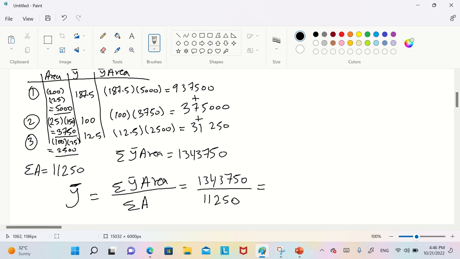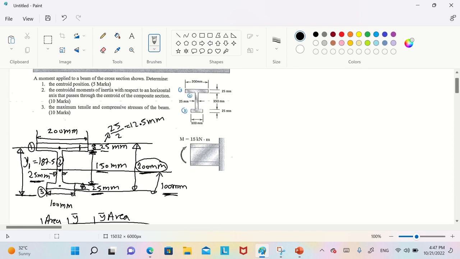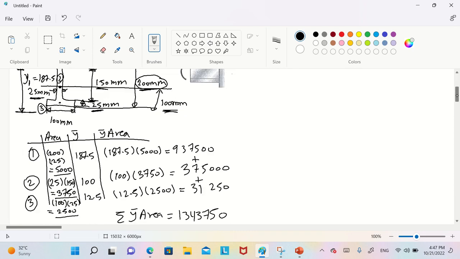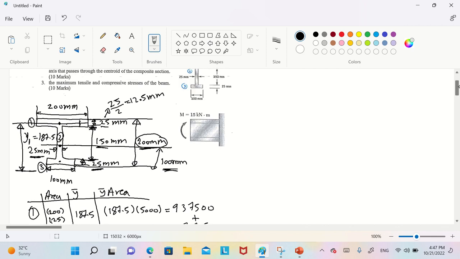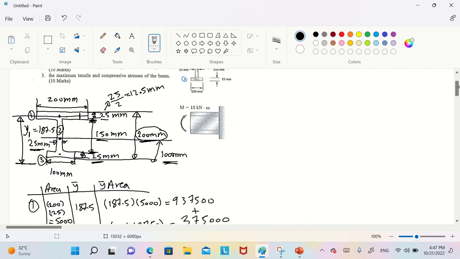You will get 119.4 millimeter. Okay. So the centroid for the whole is 119.4 millimeter.